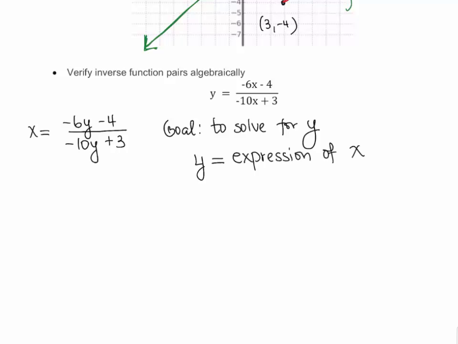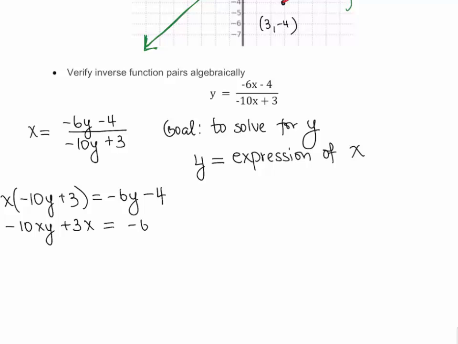How do we do this? Let's multiply everything by the denominator of this fraction. So we get x times (negative 10y plus 3) is equal to negative 6y minus 4. We multiply everything through, so we get negative 10xy plus 3x on the left.